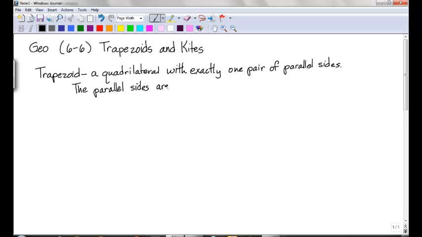The parallel sides are called bases, and the non-parallel sides are called legs.